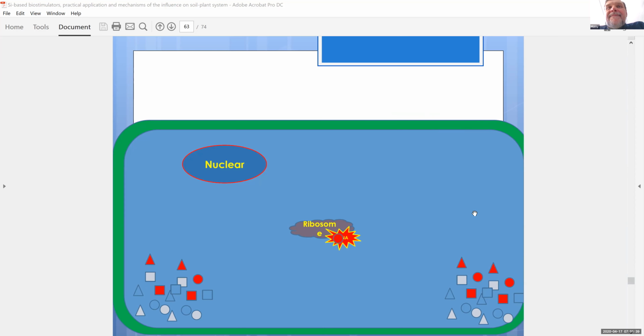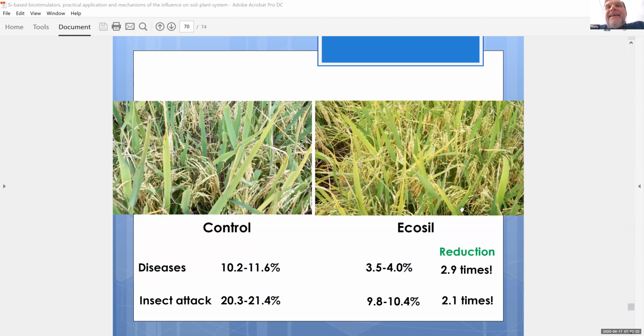Next, please. Okay, and again, next. So the plant, without an attack of insect or disease, starts to produce stress proteins. And when the insect comes, the plant is already ready to fight. Next, please. So the insect goes away without high damage to the plant.